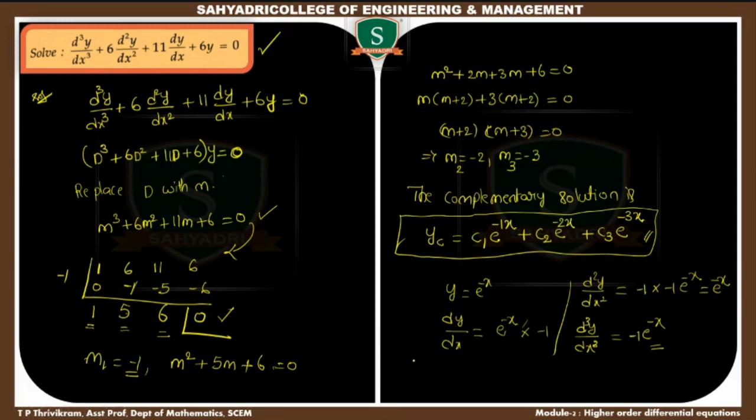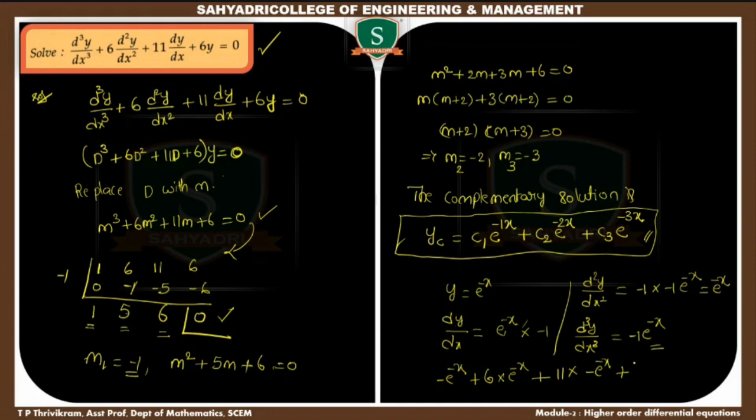So what happens? First one is minus e power minus x. Plus 6 is the quotient into this one, e power minus x, plus next here 11 into dy by dx. What is the derivative of y? So I'll get minus e power minus x, right?